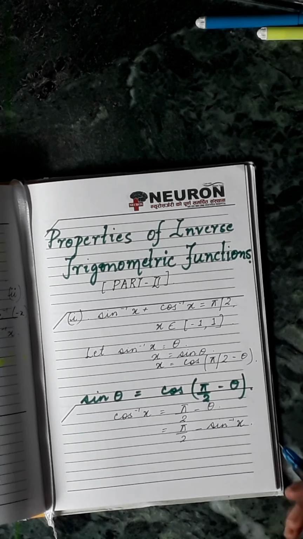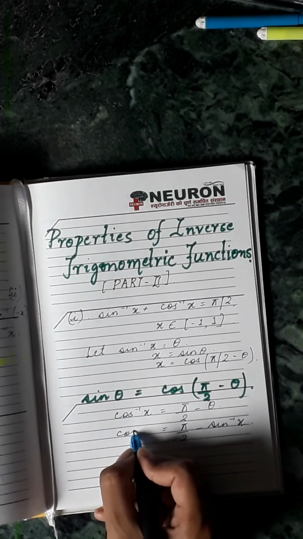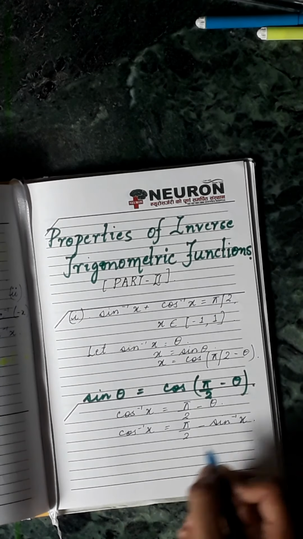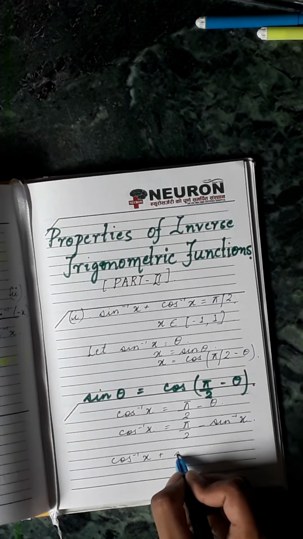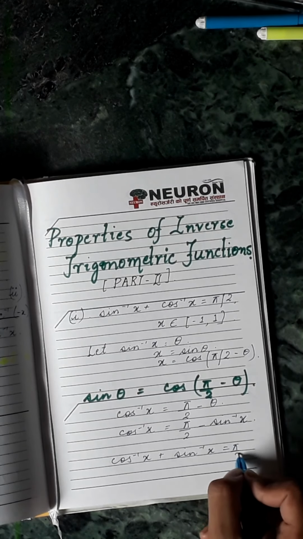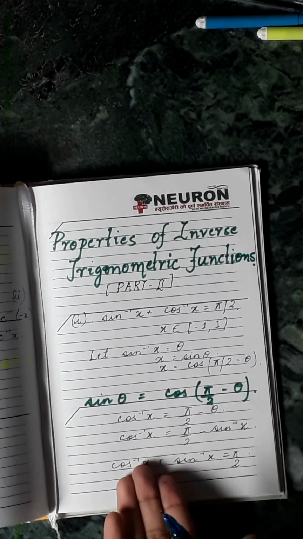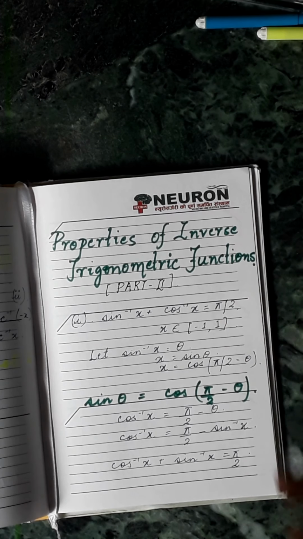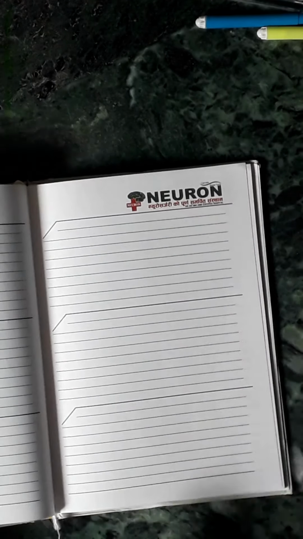Pi by 2 minus sine inverse x. Now, here you are having cos inverse x. So just take up this sine inverse x from RHS to LHS. See, this is a property. Sine inverse x plus cos inverse x is equal to pi by 2. Let's move on to the next property.